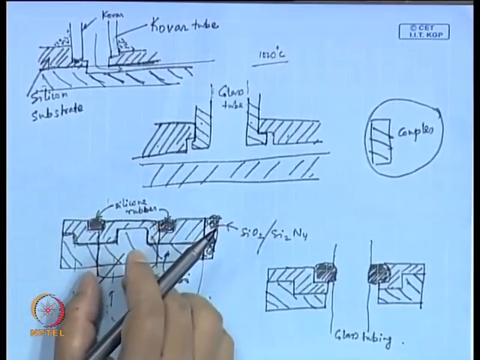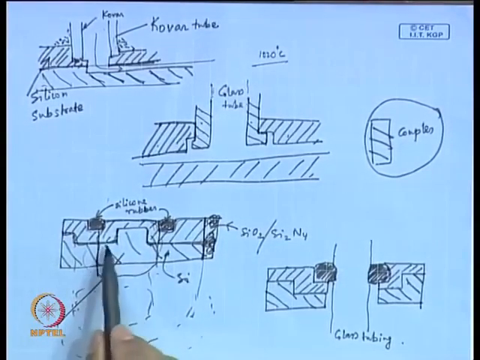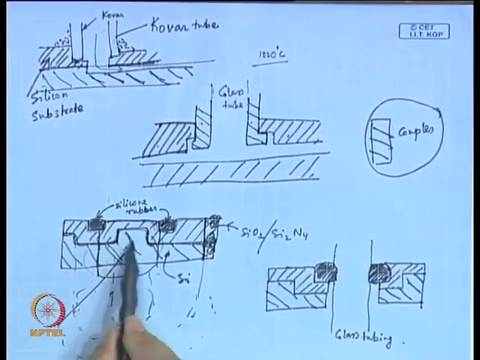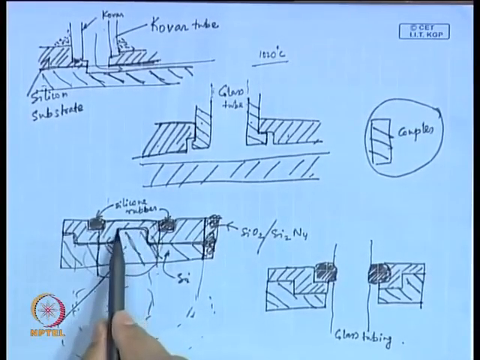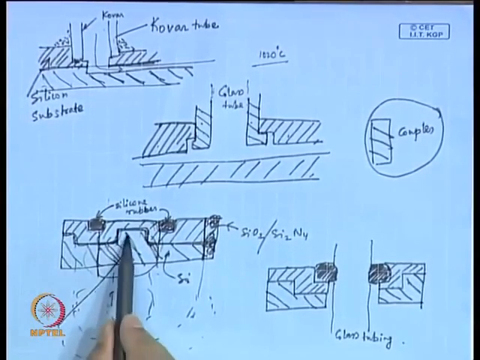So, once you take out this material, you etch this material, and then the oxide or nitride layer is etched in buffered HF acid and SF6 plasma. Etching this layer would be easier, because this portion is silicon, mind it. So, this part would be etched quickly.